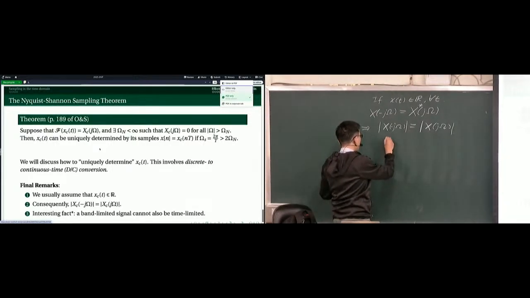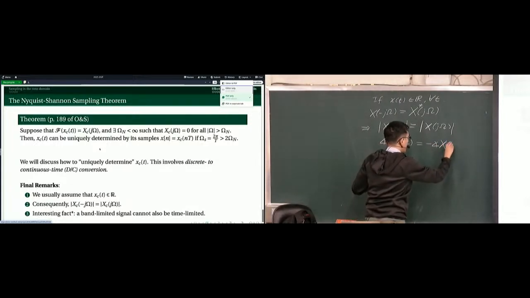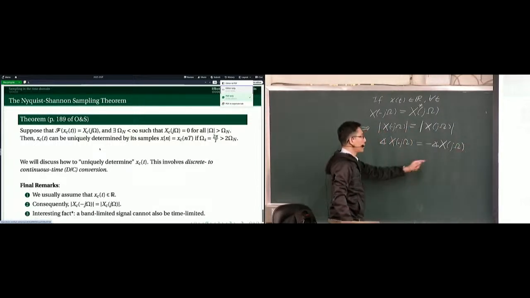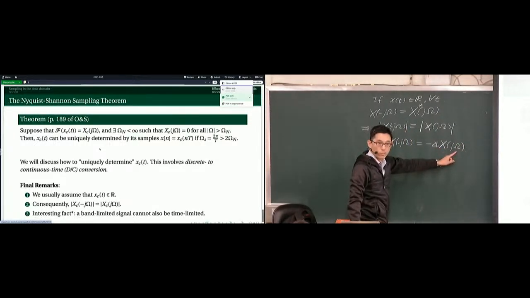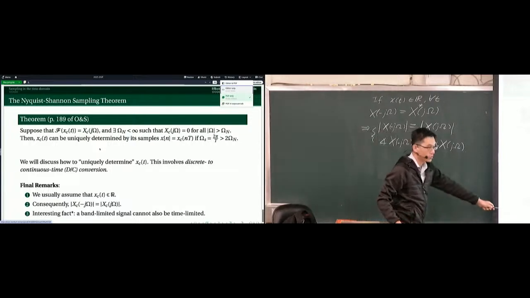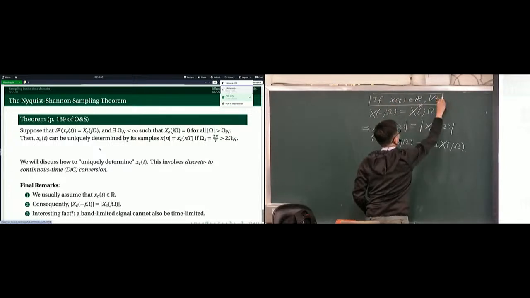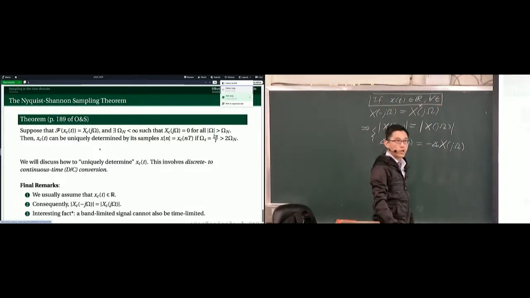And the angle of our spectrum at a negative frequency should be the minus sign times the angle of the spectrum at the positive frequency. So we have these symmetry properties because we make this assumption, which is only true if we talk about a signal that is real in the time domain. So these two are pretty straightforward.